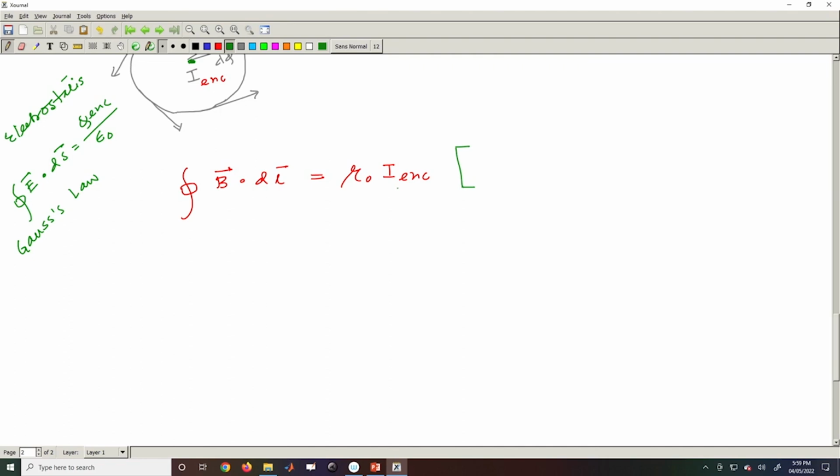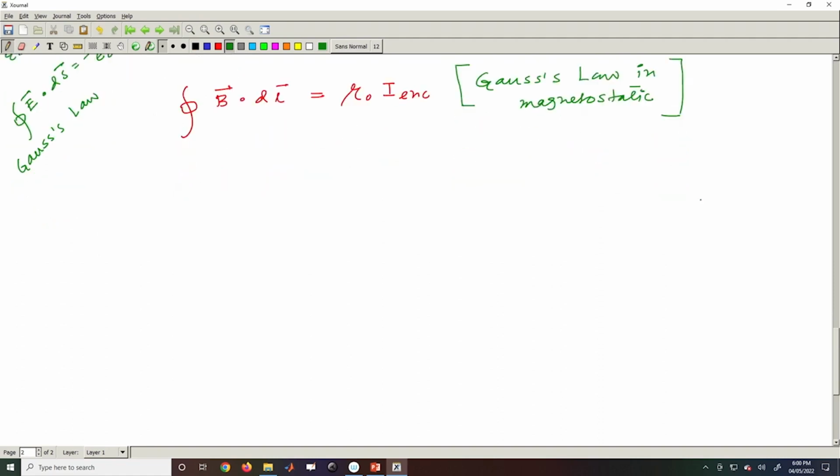Last day we mentioned that. So, this is Gauss's law in magnetostatics.